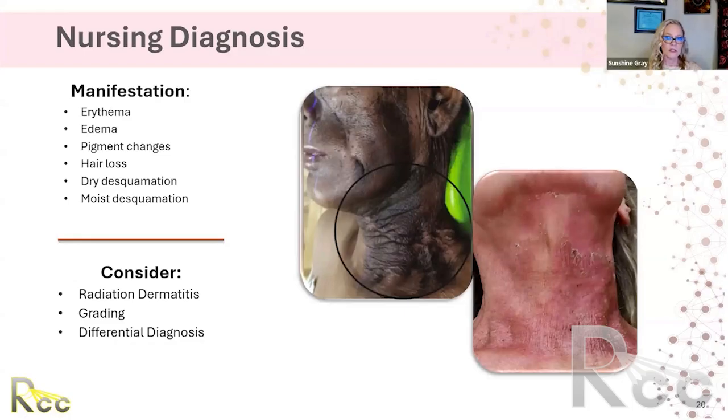But the other thing I want you to think about is, could there be a differential diagnosis? And so that means, if we are seeing something that may look like a radiation dermatitis, maybe it's not the right timing, maybe it's too soon in their therapy where we may not expect to see it, or maybe it's worse than we expect to see. Could there be a differential diagnosis? Is there maybe something else that's happening?